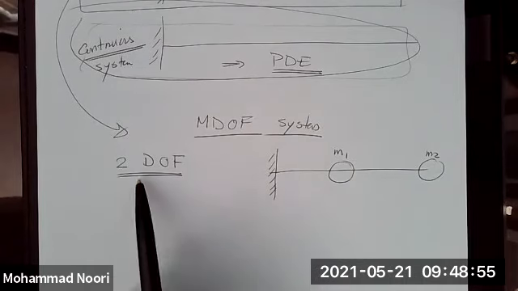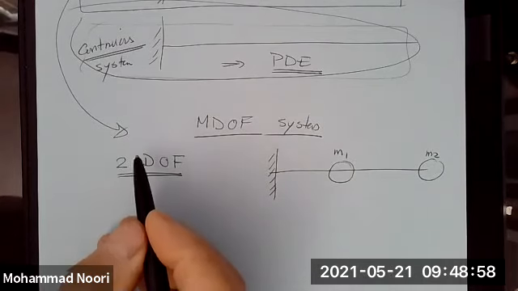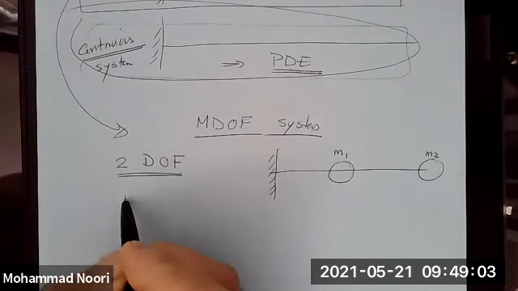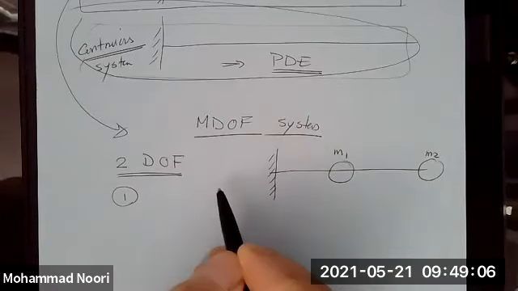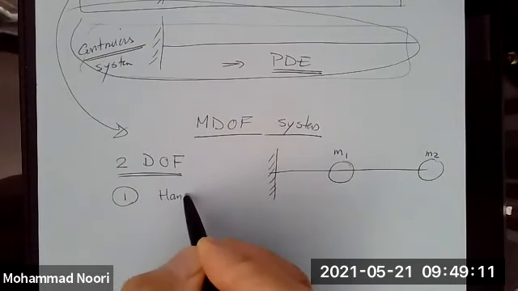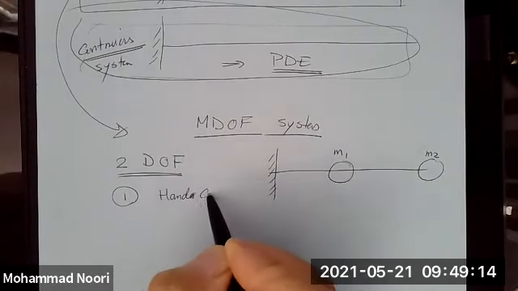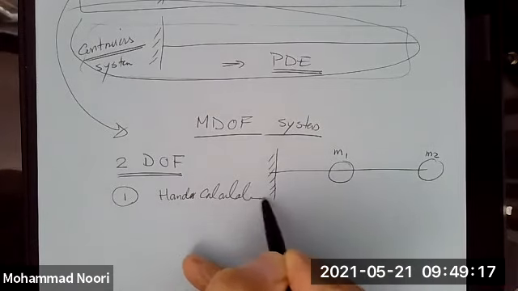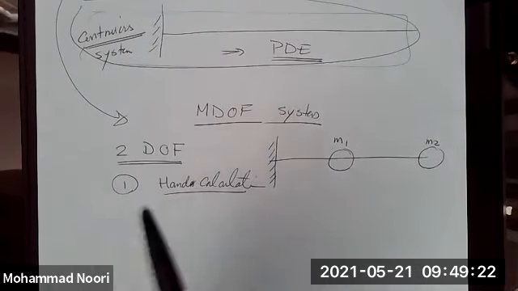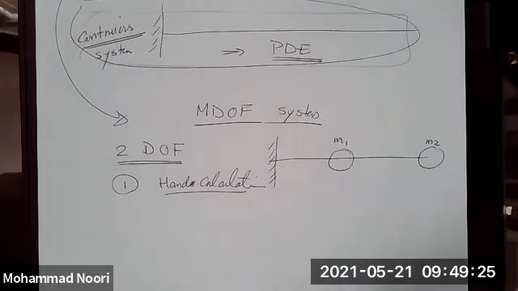You may say that this is too simplistic, but this approach is really an introduction to multi-degree of freedom systems. By formulating first the equations of motion using only a 2 degree of freedom system, we will see that we can do hand calculation for very important concepts, such as finding the natural frequencies and mode shapes of the system. And so you get a good, in-depth appreciation of what these dynamic characteristics are.